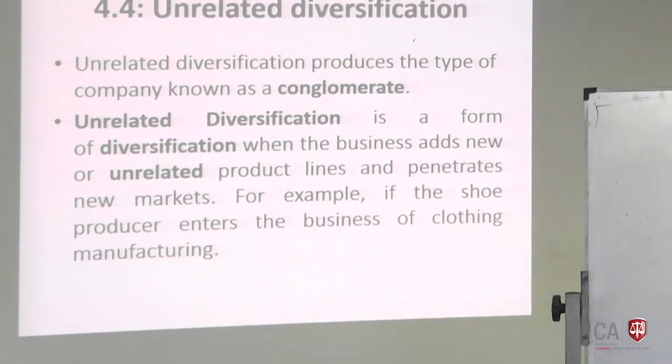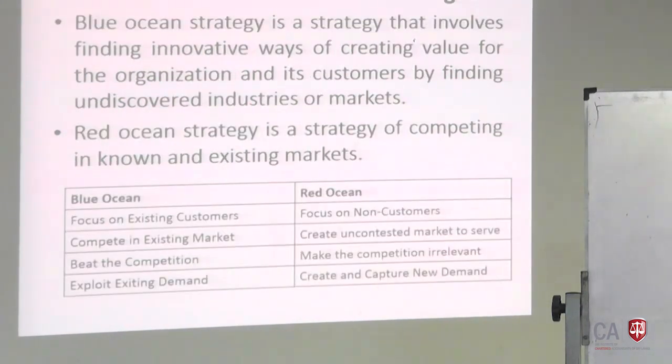For example, up to now your company is a hotel, and you start a bank, a completely different industry, that is an example of unrelated diversification, right. Then with that we will move to the next one, blue ocean and red ocean strategy.